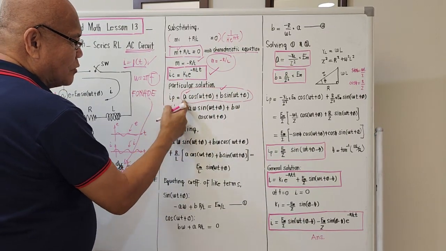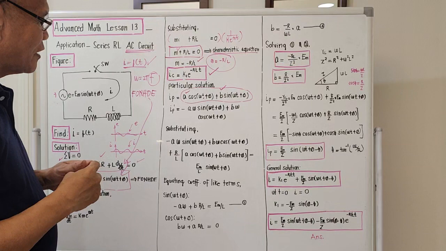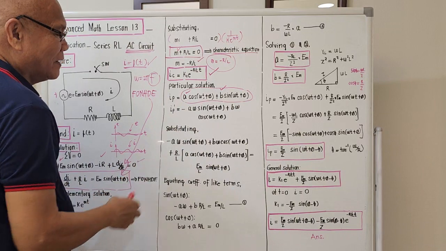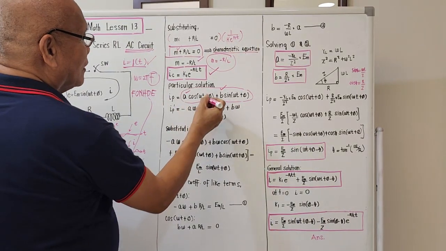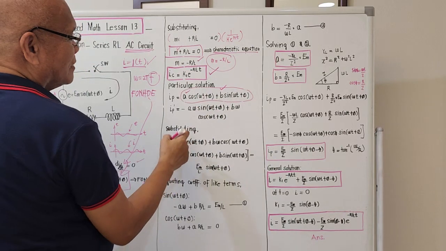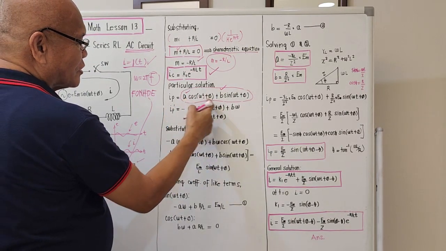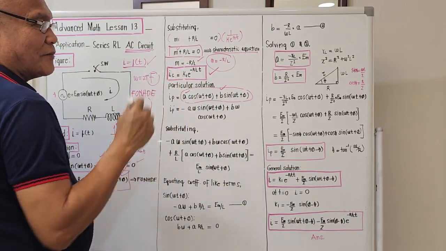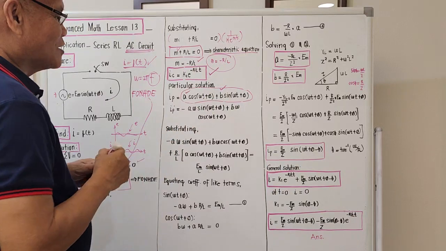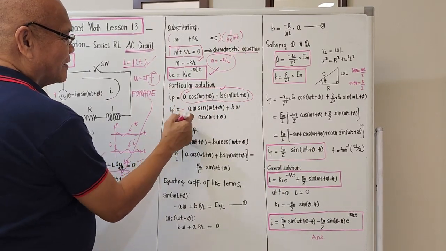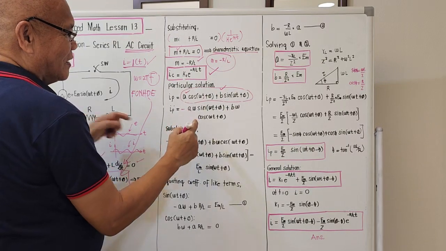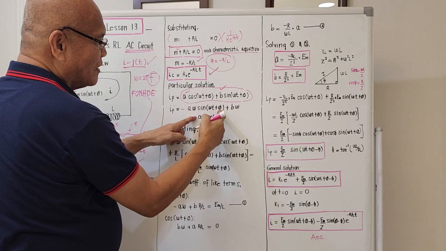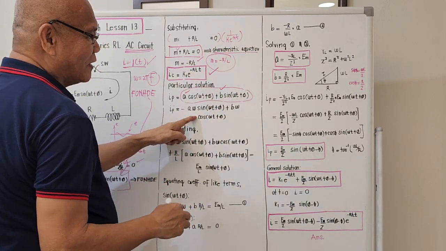So if this is our assumed particular solution, if we take the first derivative, I P prime, meaning the first derivative will be, okay, this is easy, guys. A is constant times the cosine function, so it should be that constant times the derivative of the cosine. The derivative of a cosine is negative sine, so this will now be negative times A, negative sine of the quantity omega t plus angle p, times the derivative of the angle inside.